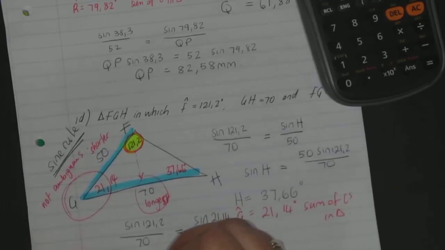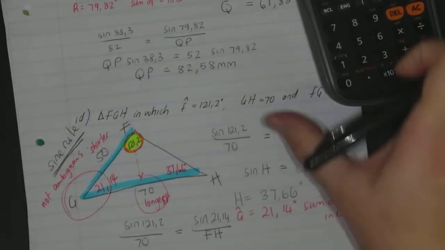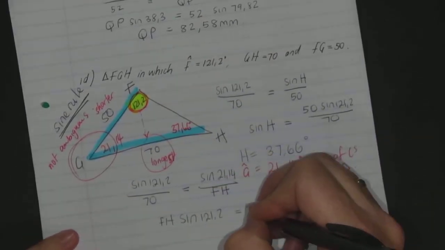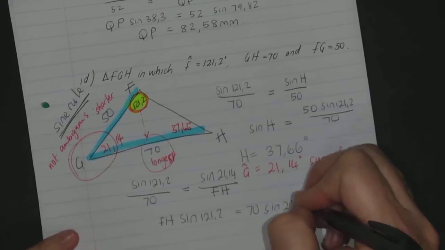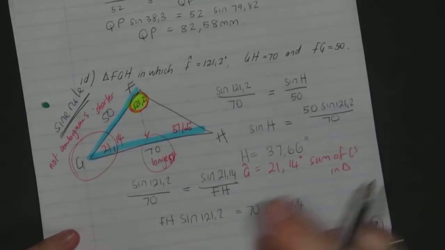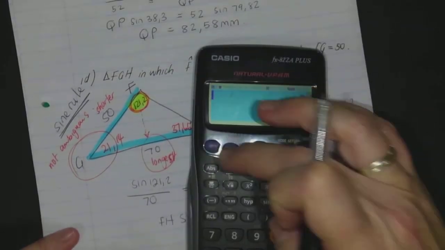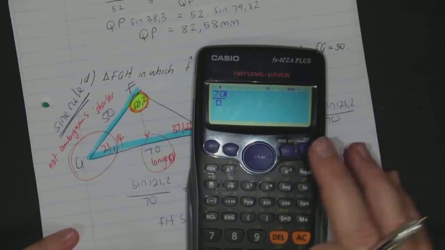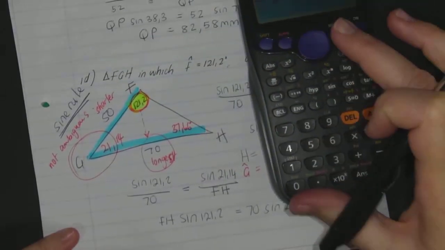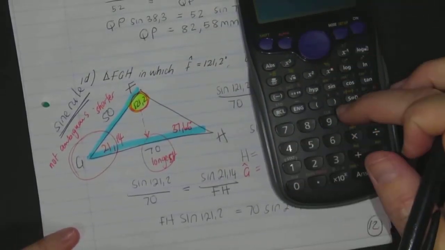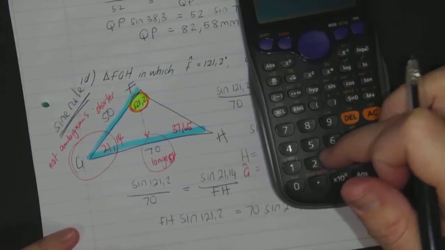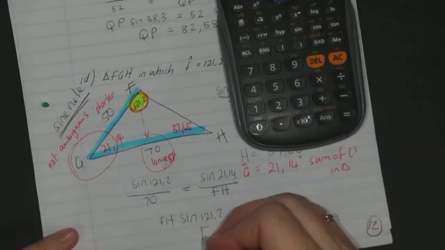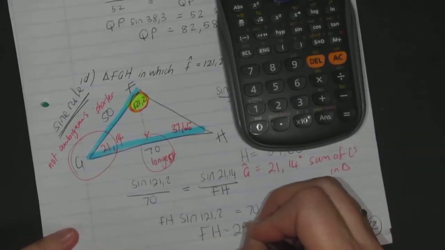That means I will have FH sine 121.2 equals 70 sine 21.14. Divide both sides. So I have 70 sine 21.14, close the bracket, over sine 121.2, close the bracket, and that gives me FH will have a length of 29.51.